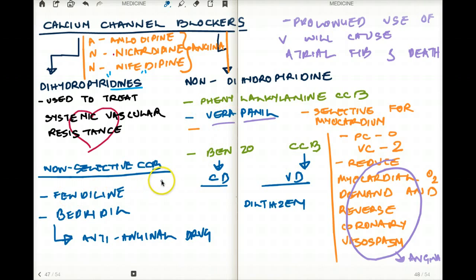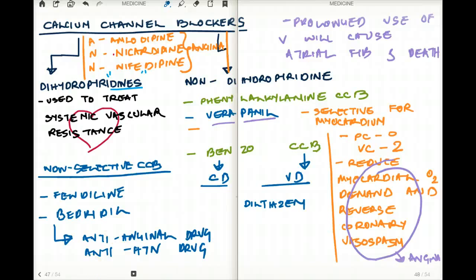And non-selective works everywhere. Bepridil, being non-selective, is used as an anti-anginal drug and an anti-hypertensive drug, which gives us the option of treating both.